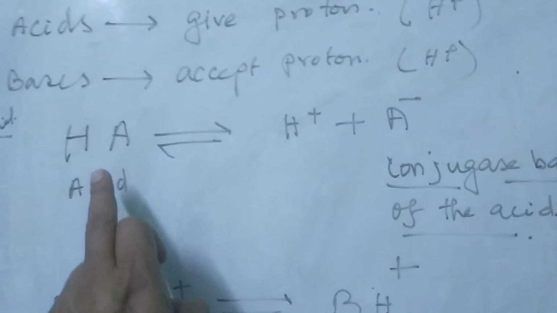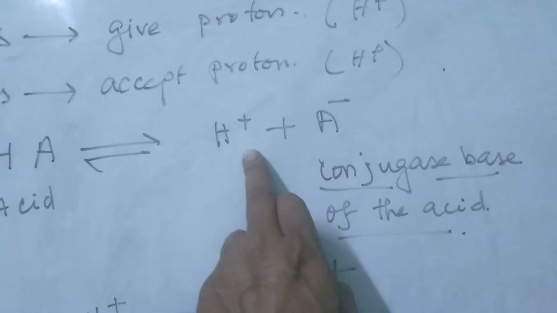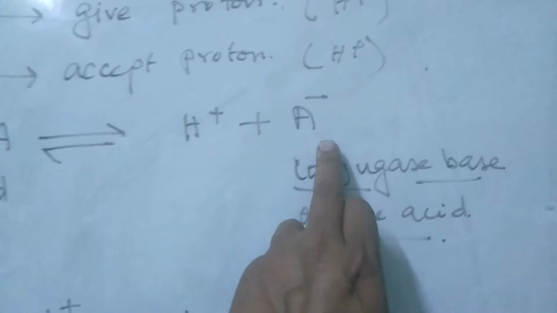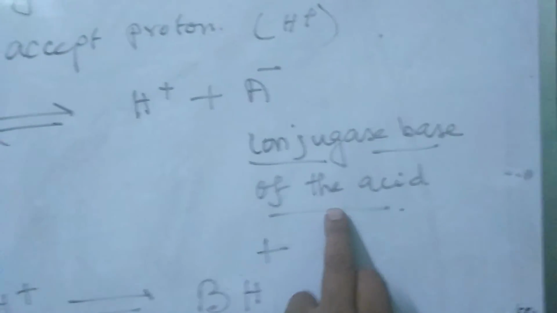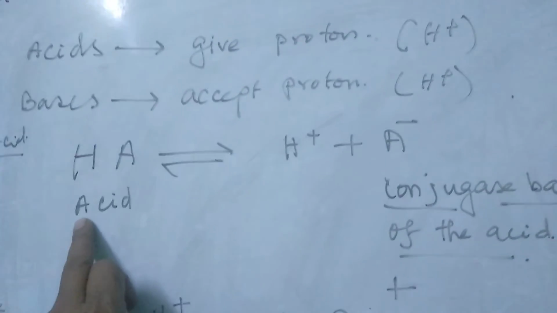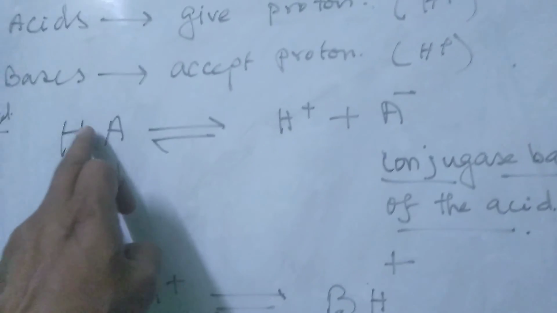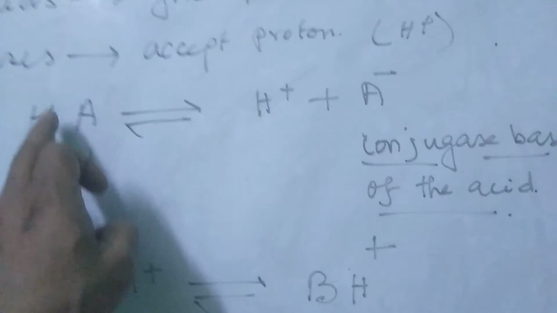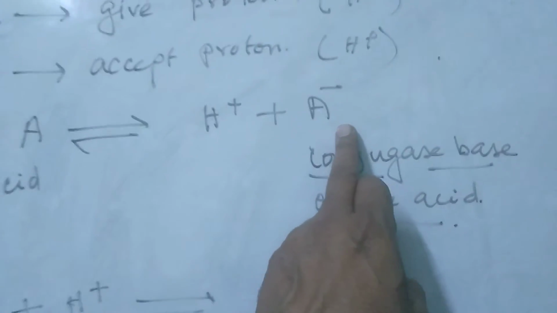So if this is an acid in the forward reaction, in the backward reaction this anion acts as a base. So this anion is called the conjugate base of this acid. How can we get the conjugate base? If we remove one proton from the acid, we get the conjugate base of that acid.